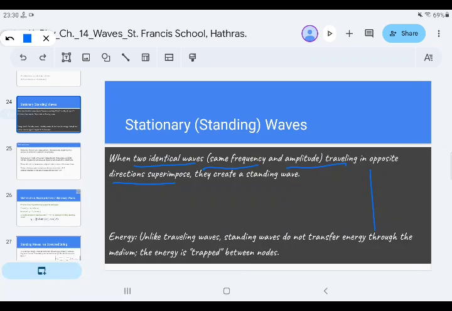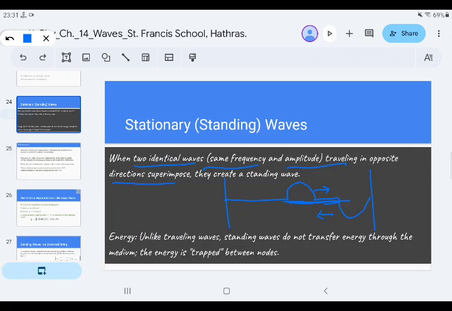Let me draw the figure again. This is one reflected pulse and this is one incident pulse, right? This is the incident pulse, and this is the reflected pulse. Actually, we are continuously sending the incident pulse. So what happens when they add with each other?